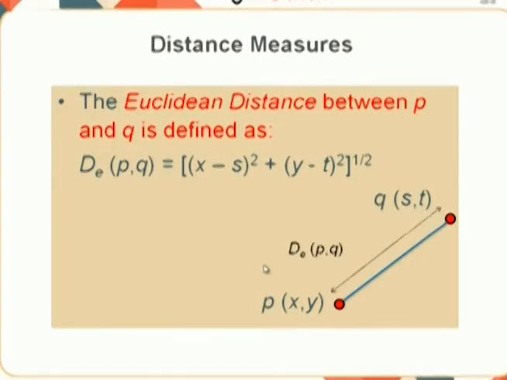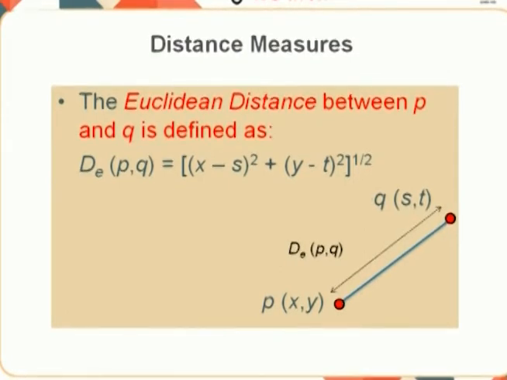Then the Euclidean distance between P and Q can be computed using this formula: it is the square root of (x minus s) whole square plus (y minus t) whole square. This is what we call the Euclidean distance.